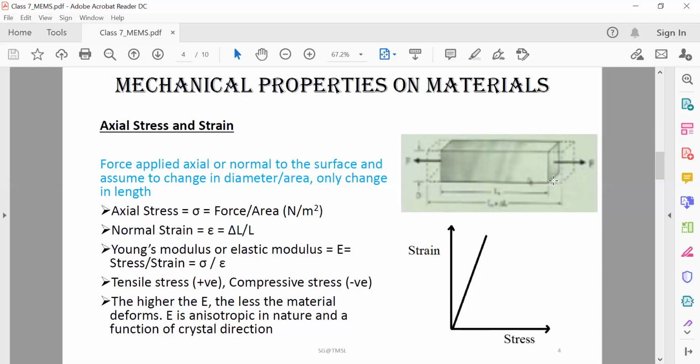If you apply stress only on the perpendicular surface along the axis, the diameter is not changing but the length is changed, then it is known as axial stress, and that means the force per unit area.